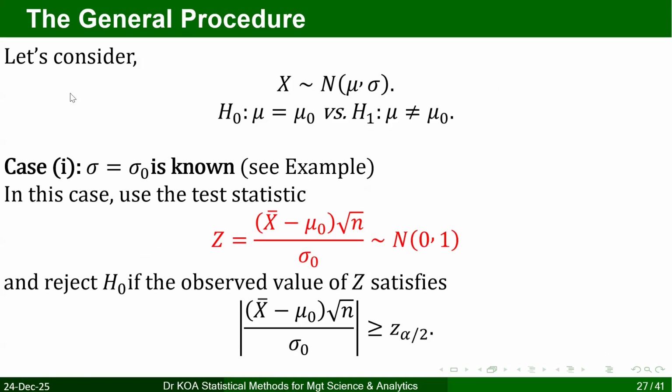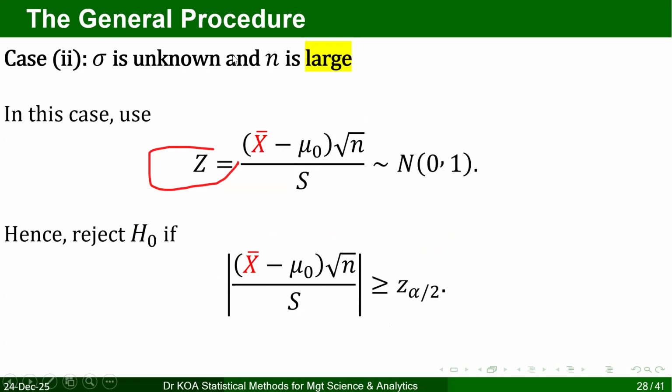The general point is that you can have a situation where the standard deviation is known. It's known here. And then you can have another situation where the standard deviation is unknown. But watch it. The one that is unknown, the sample size is large.